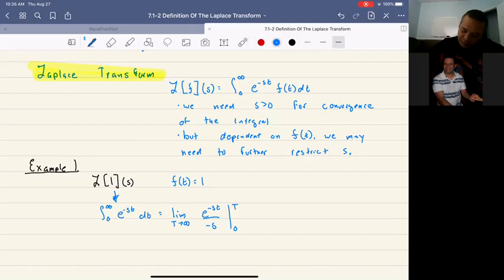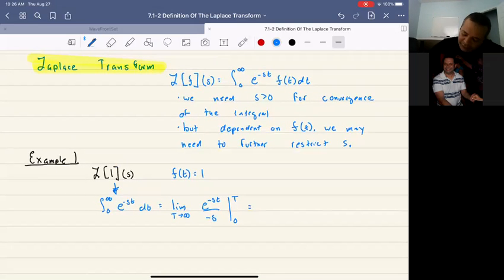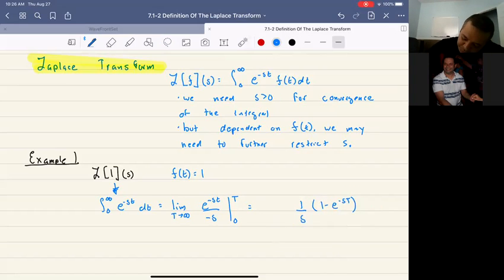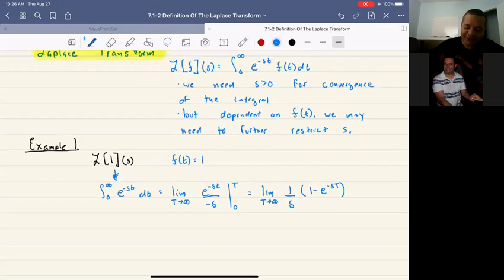So that's going to equal 1 over s times, e to the 0 is 1, minus e to the negative st. Oops, I forgot my limit. And so this thing is going to go to 0 as t goes to infinity.